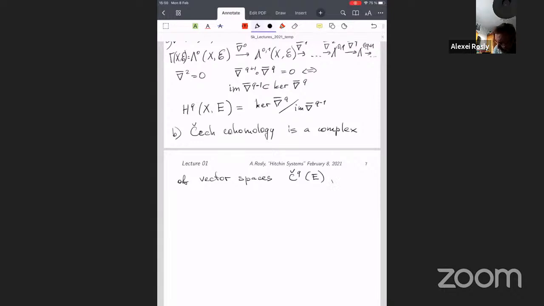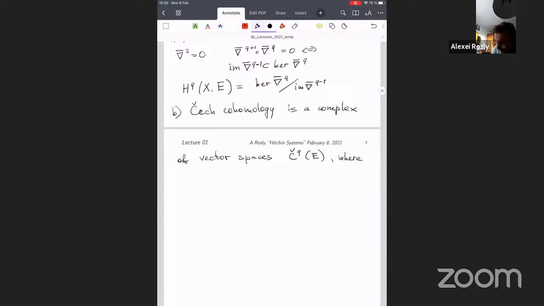So let me start from zero. These are called spaces of Čech q-chains.